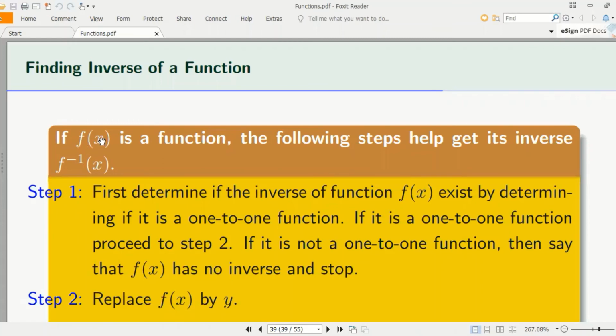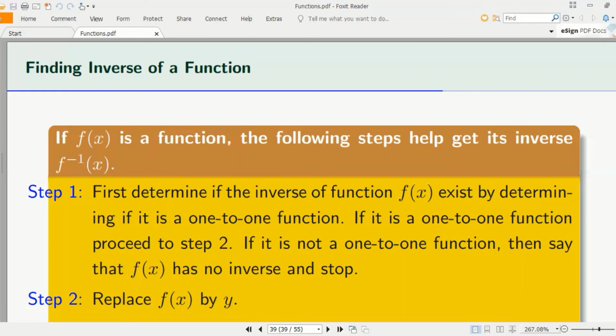If f of x is a function, then the following steps will be used to get the inverse of f of x. The first step is to determine if the inverse of f of x exists, that is, determining if the function is one-to-one. And if it's one-to-one, then you proceed as follows.